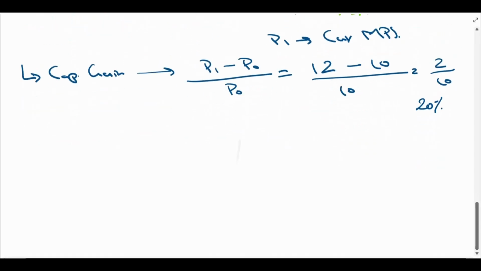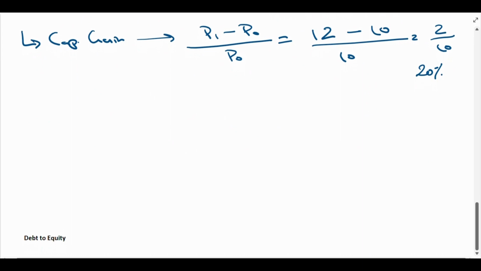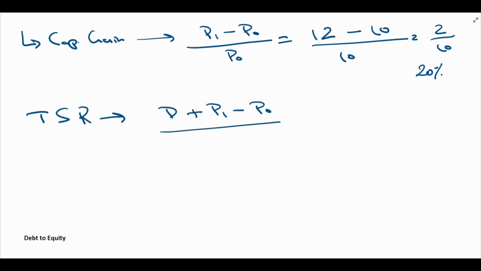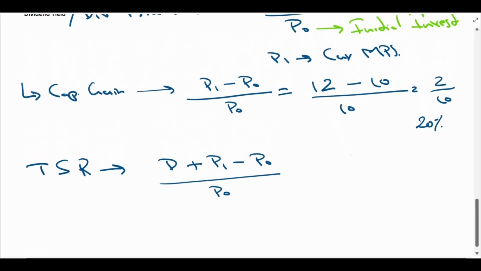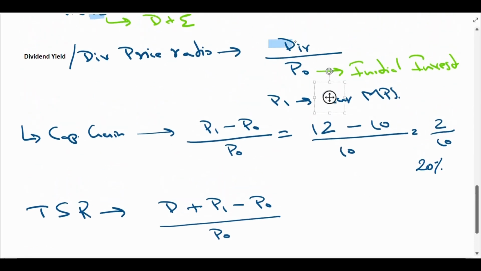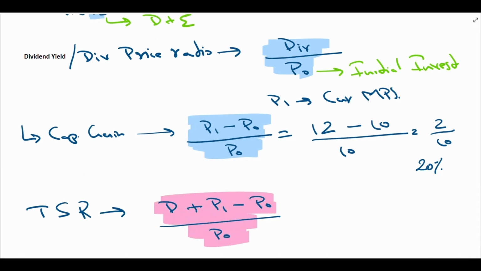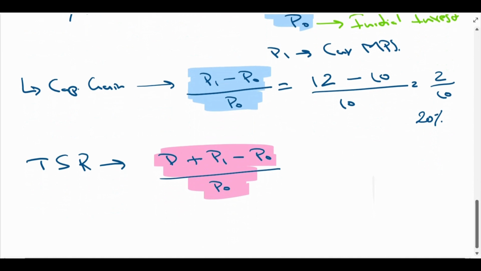So the total shareholder return is dividend plus P1 minus P0, the whole divided by P0. This is the summation of these ratios, and it talks about the total shareholder return.